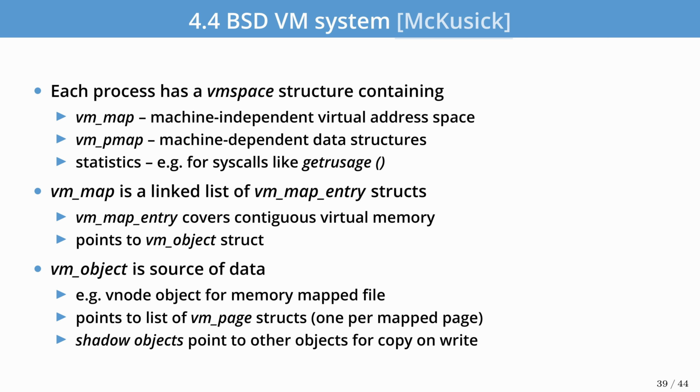And these VM objects can actually become a chain that are used for copy-on-write semantics. So when you fork a process, what happens is that there's a VM object from the original process that's going to be shadowed by two other VM objects.